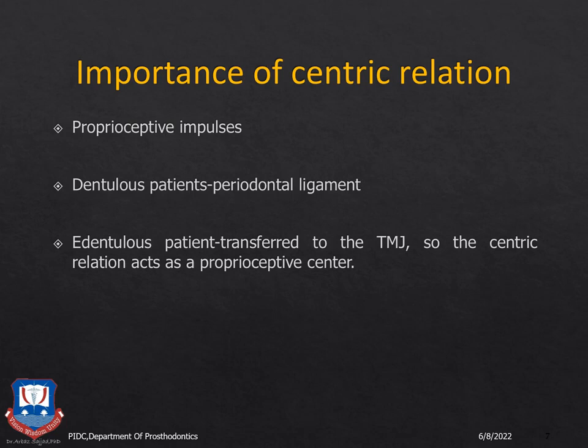However, in the edentulous patient, there are no periodontal ligaments, so there is no proprioception, mechanoreception, etc. In an edentulous patient, these sensors are transferred to the temporomandibular joint. So the TMJ in case of edentulous patients acts as a proprioceptive center, guiding the operator and the patient to close in the ideal maxillomandibular relationship.